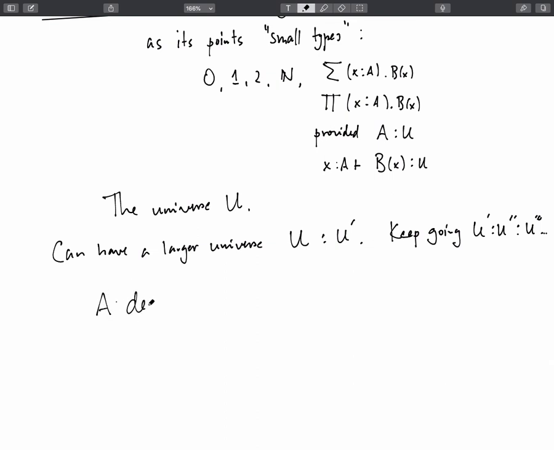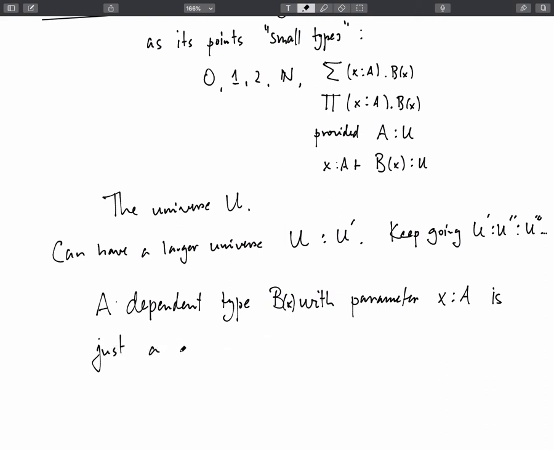A dependent type B with parameters x in A is just a point of the function space A to U. Okay, that's the important bit.